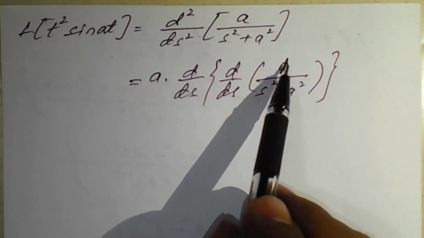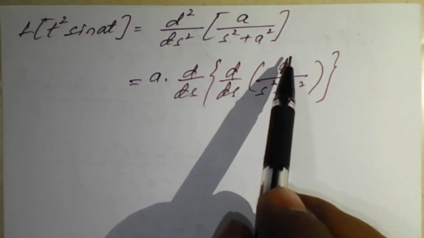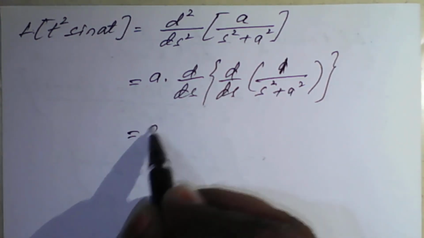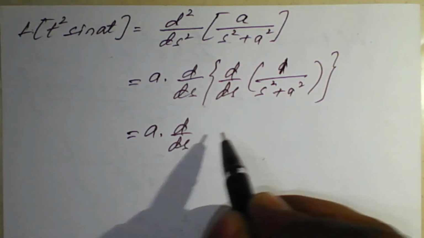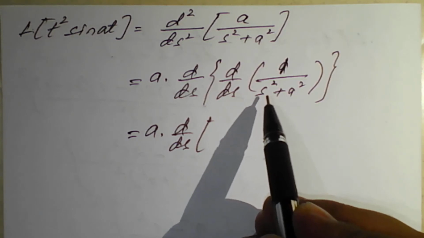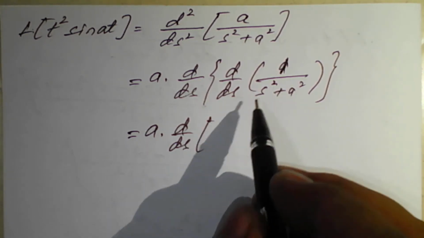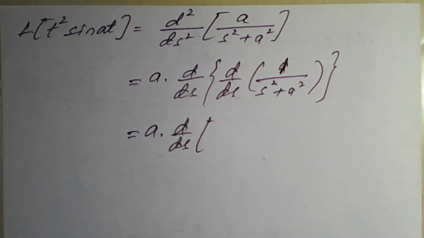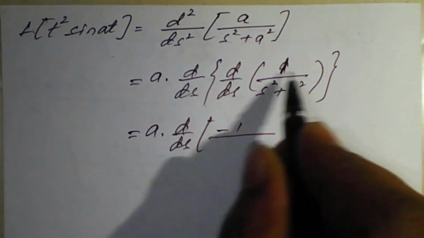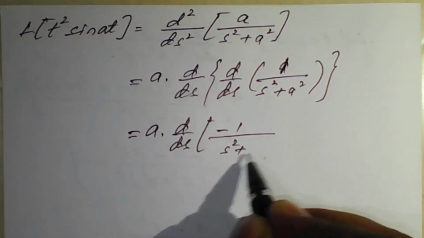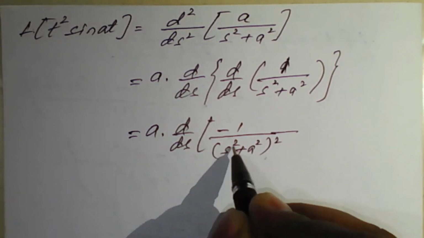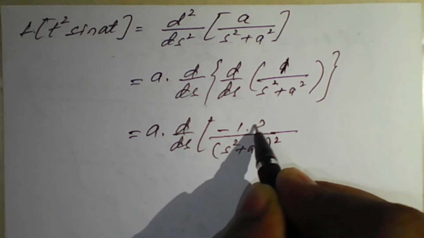So see here, we know the differentiation of 1 upon s square plus a square, because a square is a constant, so we'll apply directly. It is a into d by ds of, differentiation of 1 upon s square plus a square, how much is it here? It is minus 1 divided by denominator square, that is s square plus a square whole square, into differentiation of the denominator. What is the differentiation of s square plus a square? It is 2s.